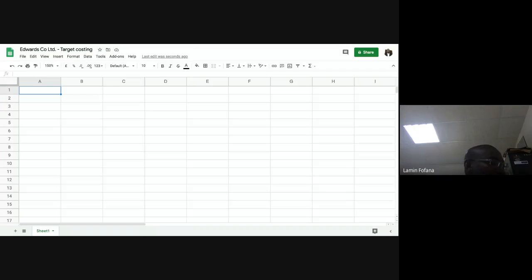Then we calculate our target cost. We compare the two so we can find our cost gap. Like I said, in C, we have already explained what cost gap is. Another method of doing this is when you do A and B, you could jump to D. After doing D, then you go and do C.